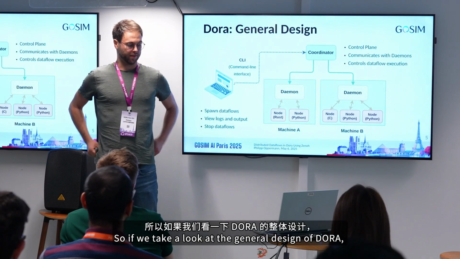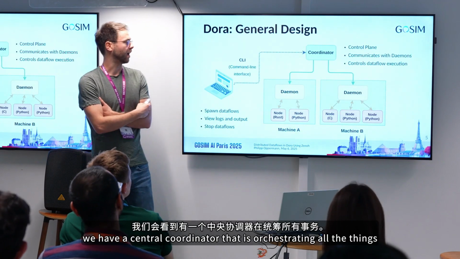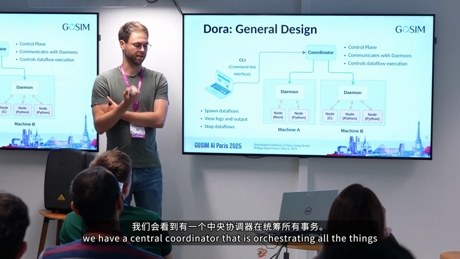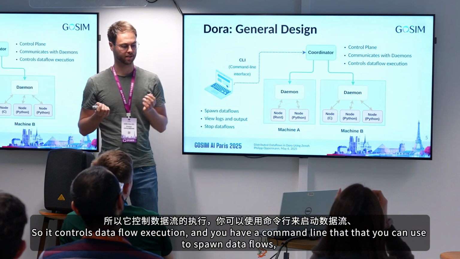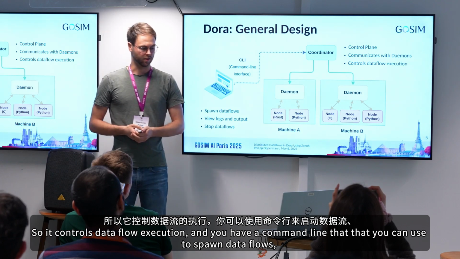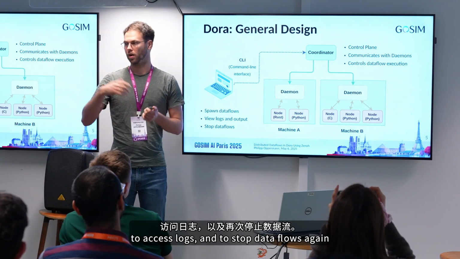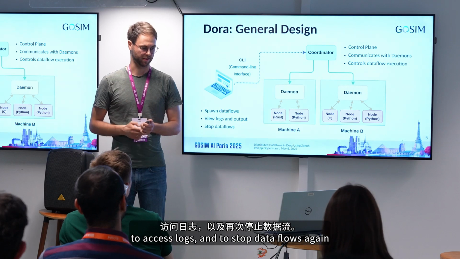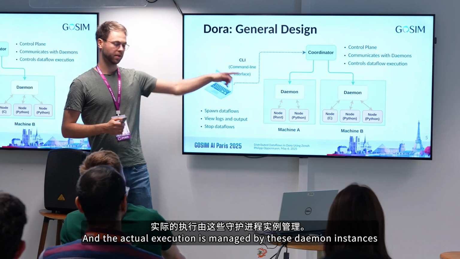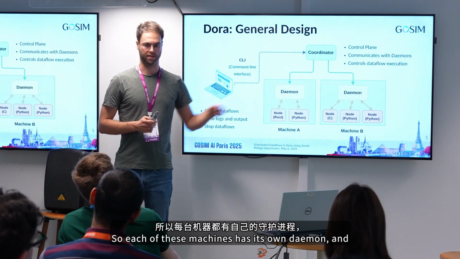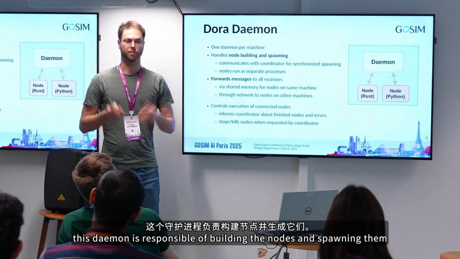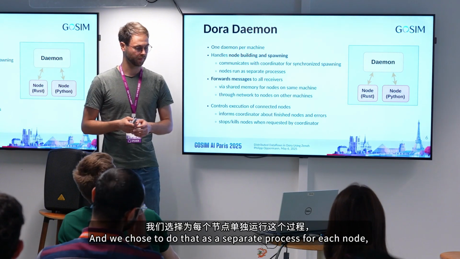So if we take a look at the general design of Dora, we have a central coordinator that is orchestrating all the things, so it controls data flow execution, and you have a command line that you can use to spawn data flows, to access logs, and to stop data flows again. And the actual execution is managed by these daemon instances, so each of these machines has its own daemon. And this daemon is responsible for building the nodes and spawning them.